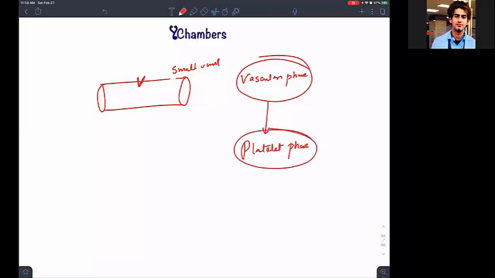We can discuss this topic in many dimensions, but right now I have tried to make a concise way to have a rapid review. So vascular phase, then a platelet phase, and after this platelet phase, a short coagulation phase will start.